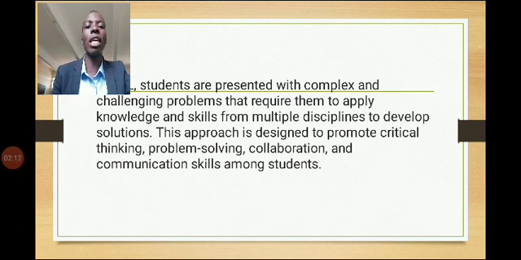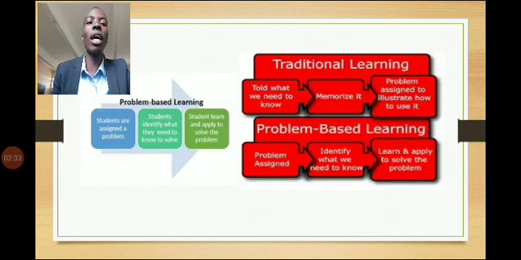It is actually very good because it gives students different kinds of skills like problem solving and communication, because they are given a chance to use their thinking capacity to solve problems, not the capacity of memorizing.